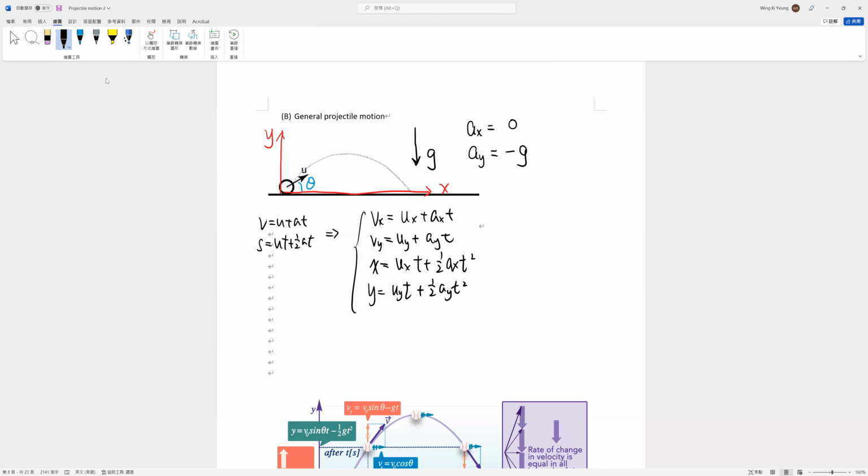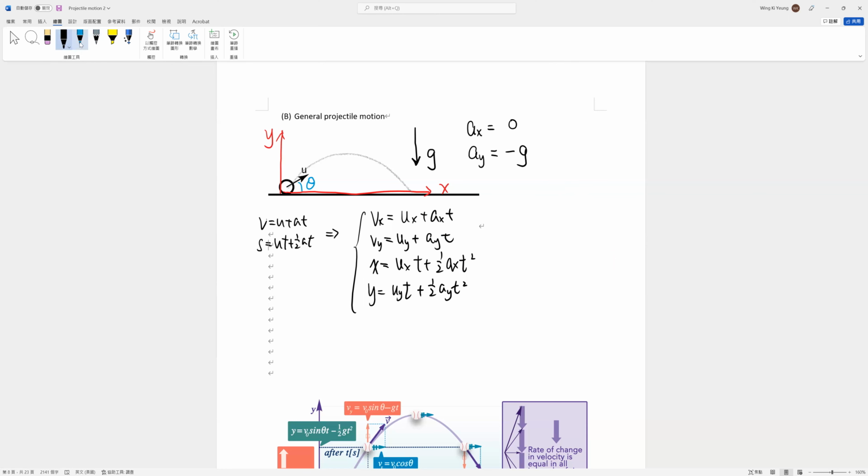You can see that the vertical displacement of the ball is always positive, unless the object is falling above a cliff, then you may let downwards be positive as you like. It doesn't matter at all. But in this case, I just let upwards be positive.